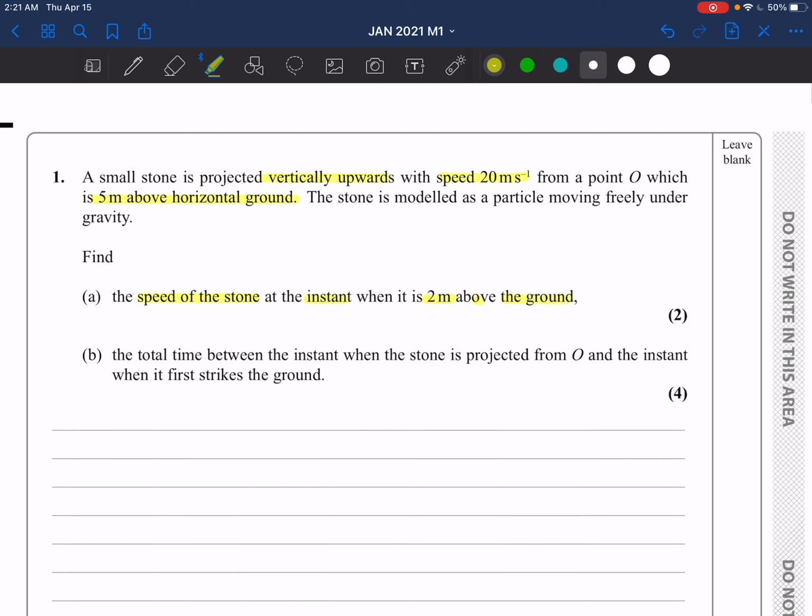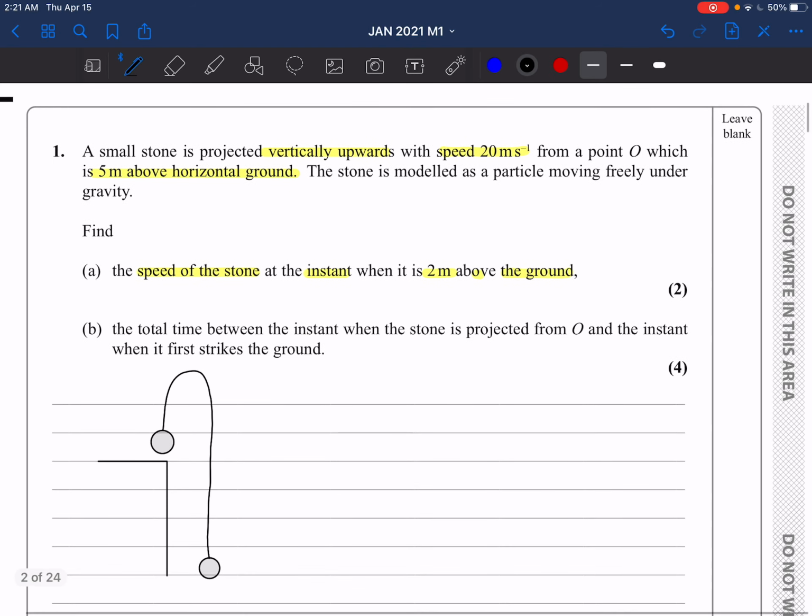To start the math, let us first draw the situation. We were told that a particle was thrown vertically upward and it actually came down to the ground.